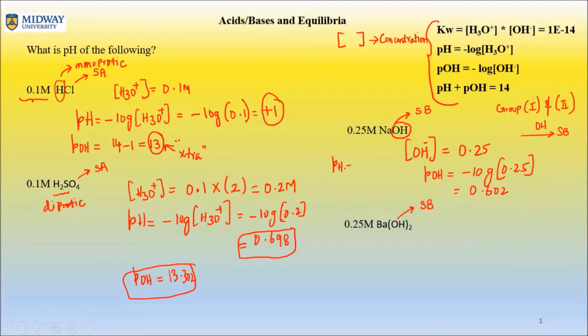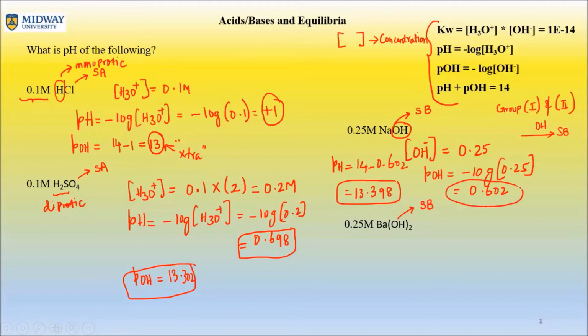So pH equals 14 minus 0.602, which is 13.398. That's your pH right there. So this is your pOH.